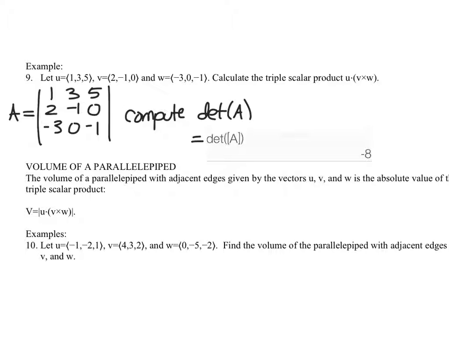All right. So -8. -22? Yeah, I got -8. Interesting. Let us investigate. 1, 3, 5, 2, -1, 0, -3, 0, -1.